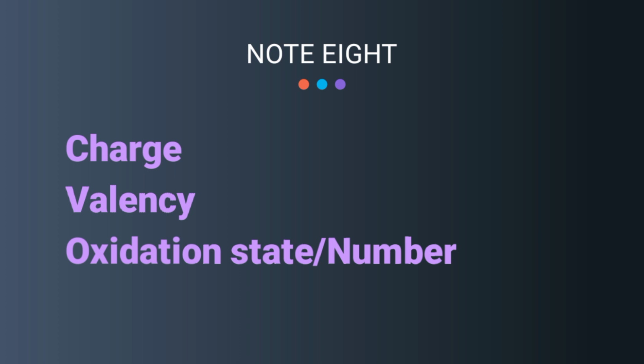We also have another thing we call oxidation state or oxidation number. The two words mean the same thing. This oxidation number is the charge an element appears to possess in a compound, or we can even say it is the charge an atom appears to have in a combined state. That is what we mean by oxidation state.